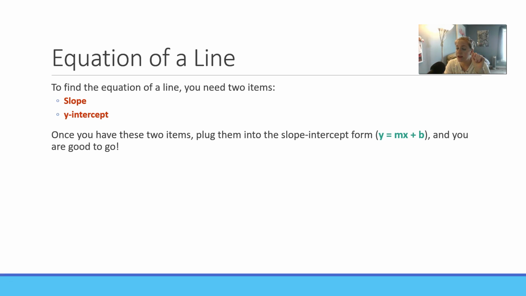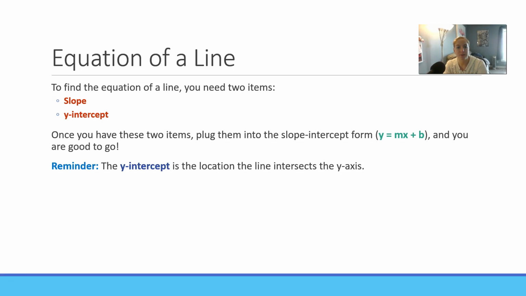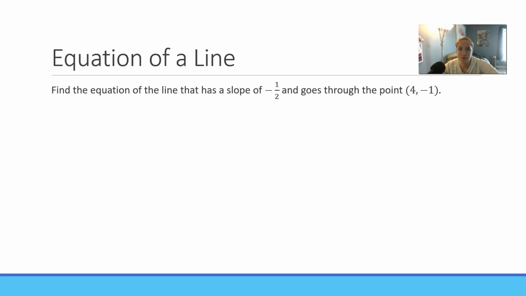Just plug that information into m and b, and you've got your linear equation. Just as a reminder, the y-intercept is where that line crosses the y-axis. So here's the y-axis straight up and down, and then your line, where does it cross that y-axis?